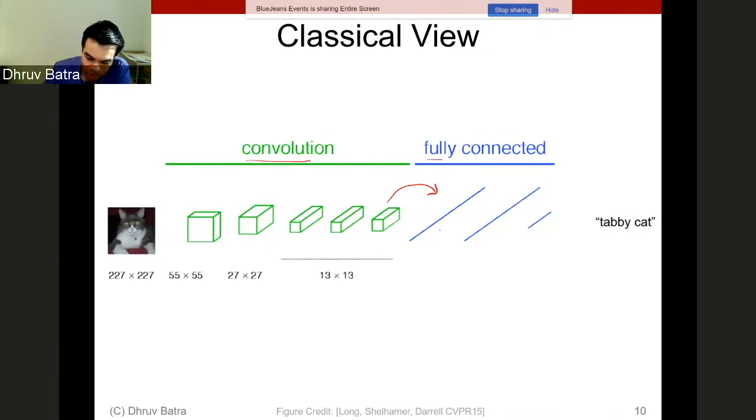We understand how fully connected layers interact with each other. That part's pretty clear. I think it just takes a little bit of care and concern to think about how this transition happens. And in that context, the classical way of thinking about CNNs is to divide your network into two types of layers.